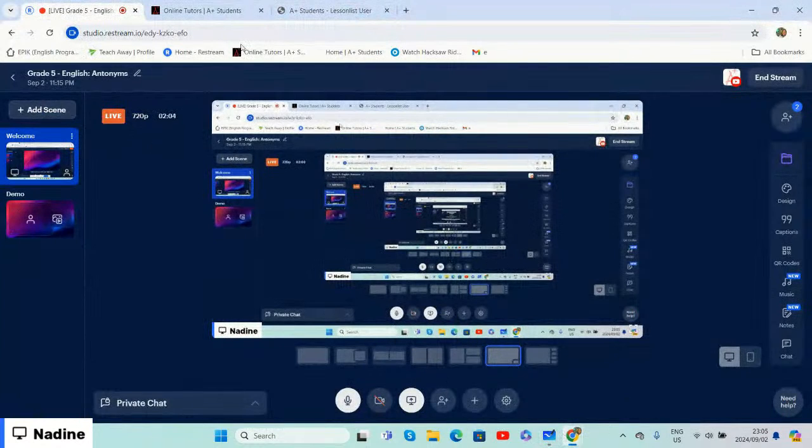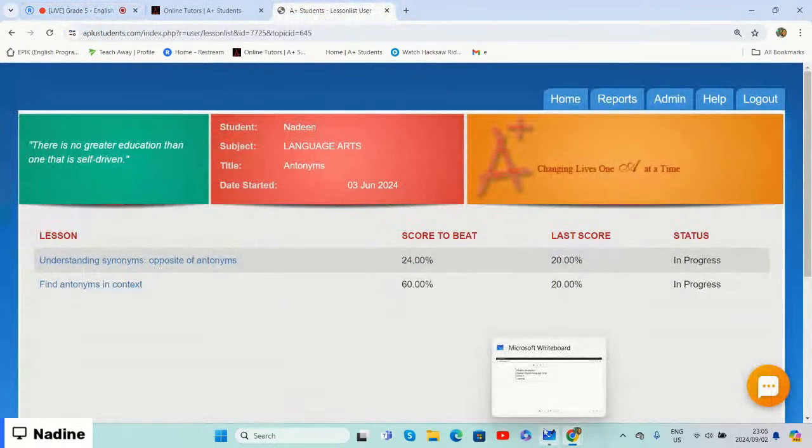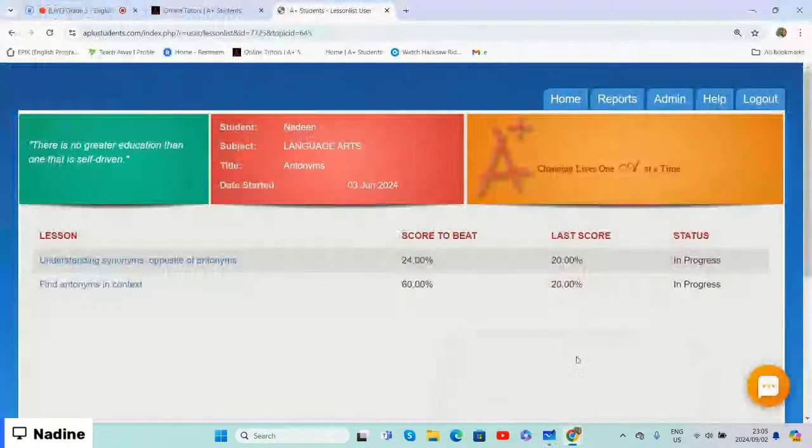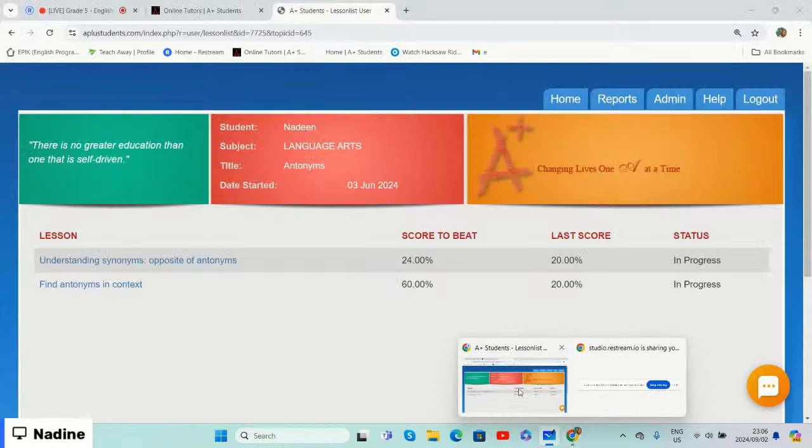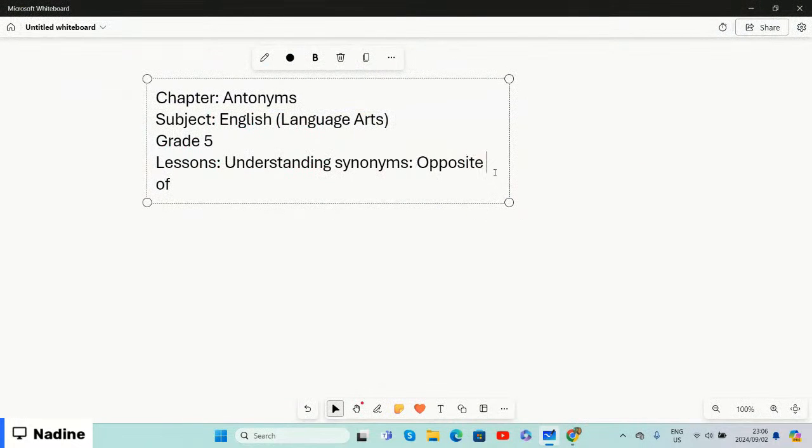So we are doing antonyms. Our chapter is antonyms, our subject is English Language Arts, grade 5.